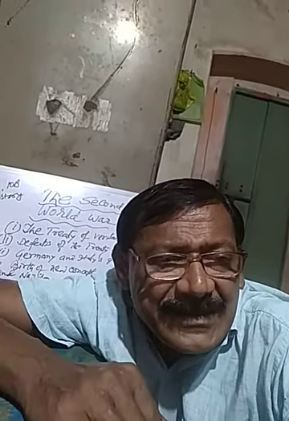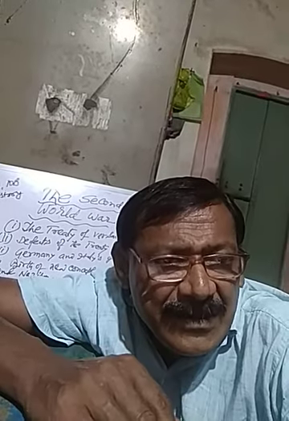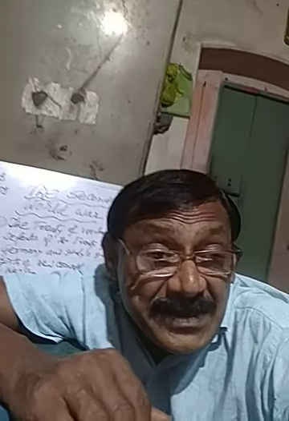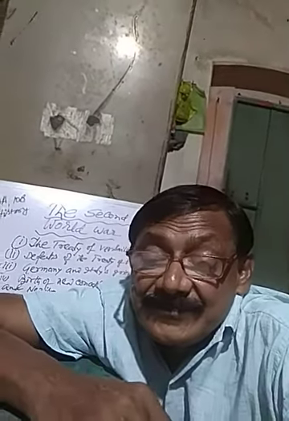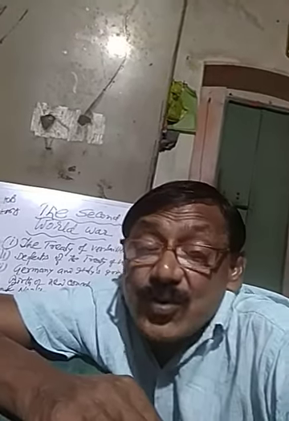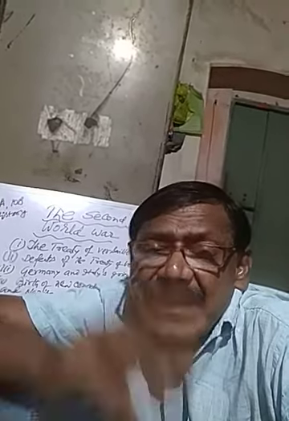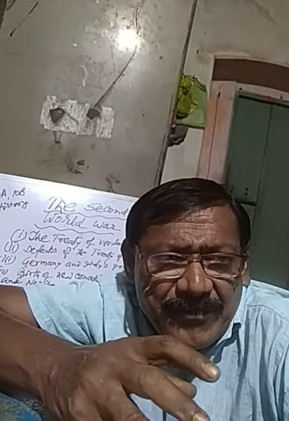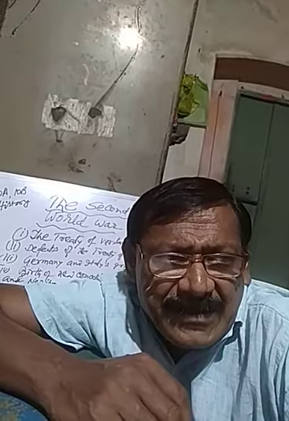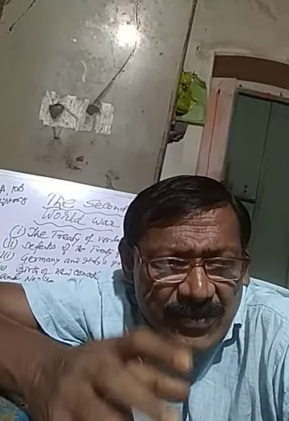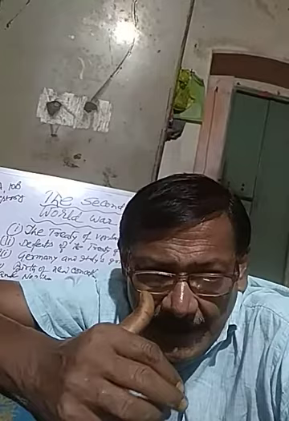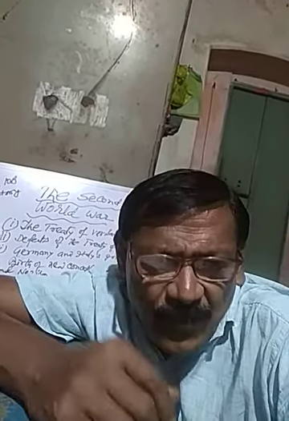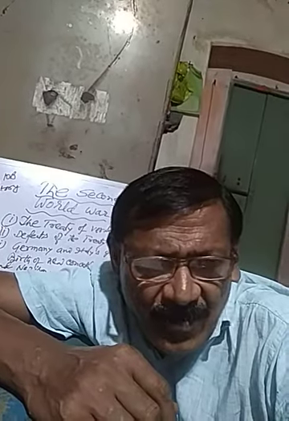But ultimately, the League of Nations failed to stop Italy when she attacked Abyssinia under the leadership of Mussolini. In Germany, Hitler was also preparing to make Germany the most powerful country of Europe.